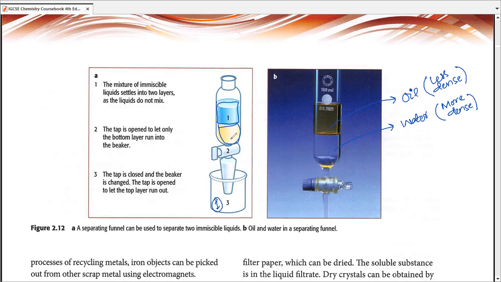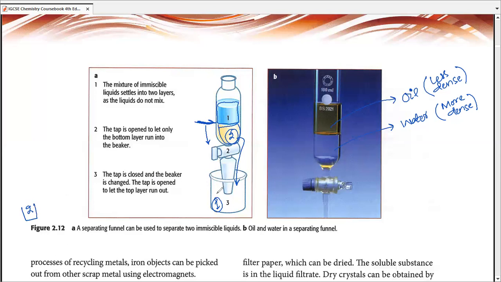Of course, the most dense layer, or layer number 2 over here, would move into the beaker since it's more dense and it's present at the bottom. As soon as you see the boundary between both layers moving closer to the tap, as soon as it gets extremely close to the tap, close the tap. Change the beaker. Now you have solution 2 in the first beaker.